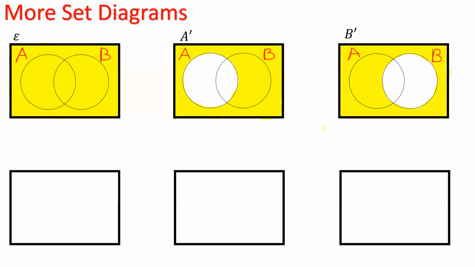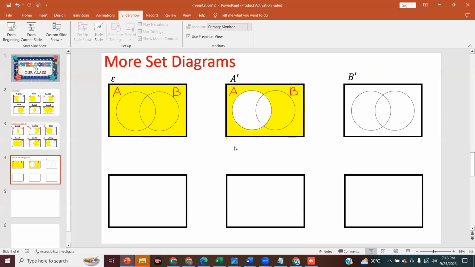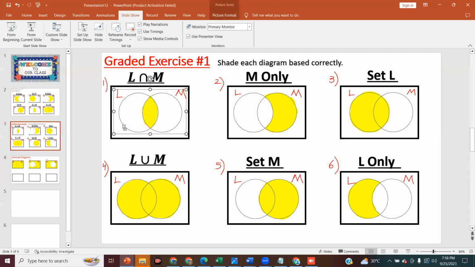Also, Matthew, do you understand what we're doing? Yes, sir. All right. Did you get all right in the first one? Yes, sir. Okay. Did you send me your notes? Yeah, sir. All right.